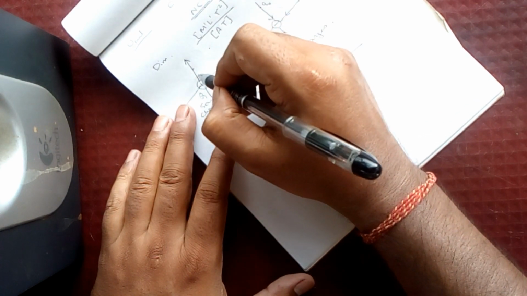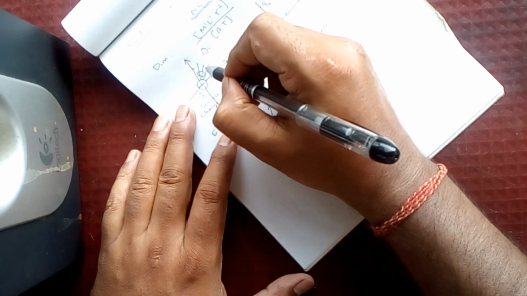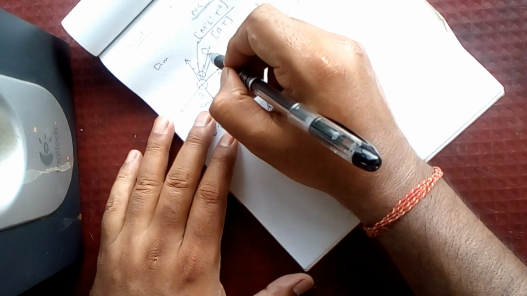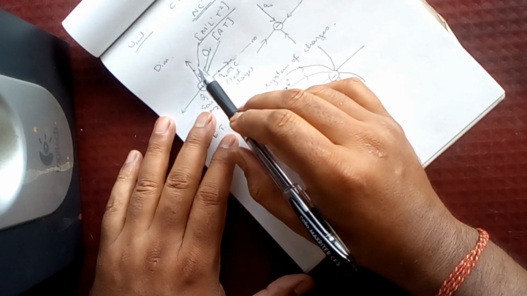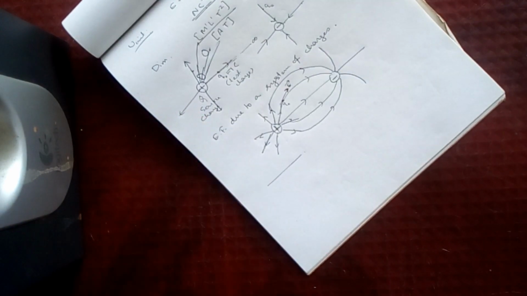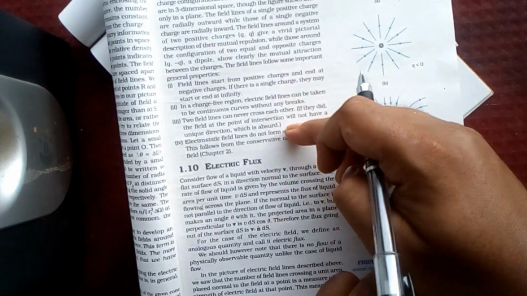If you consider this area and this area, the same area, you will get more field lines here and the number of field lines will become less here. So we can say that more concentration of field lines represents stronger electric field. Okay, so please follow these four properties.